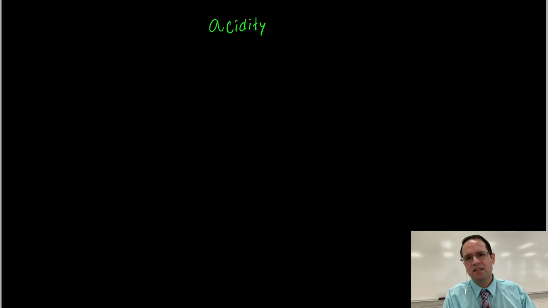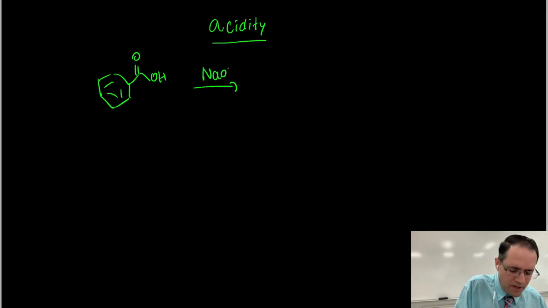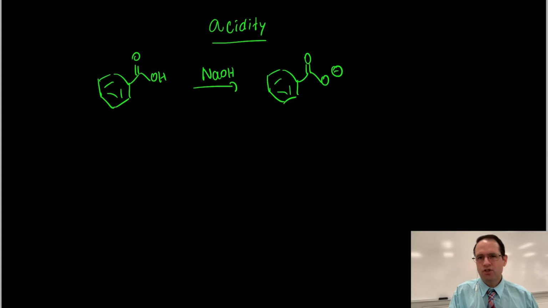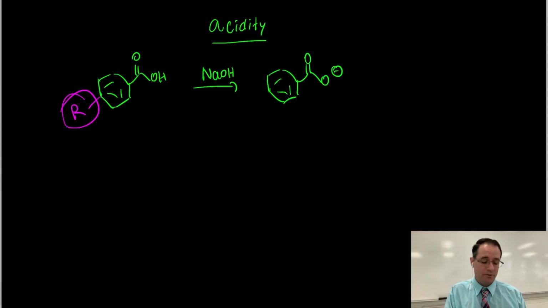Now let's talk a little bit more about the acidity. The acidity can vary ever so slightly depending on the chain length and the type of thing you have. But the two main things here are that if you have a carboxylic acid like this, and you create the carboxylate, the acidity of the original starting carboxylic acid is influenced depending on the group that you have attached to the aromatic ring.